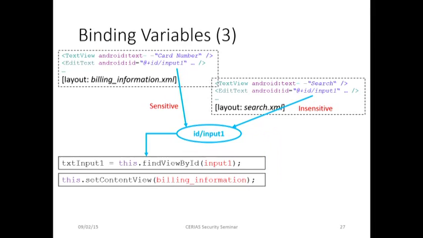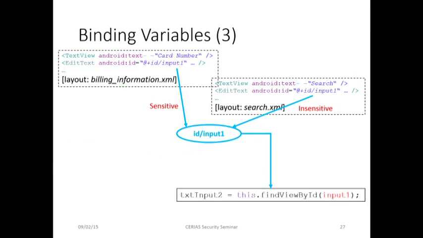For the first reference, the backward slice is something like this, and by further checking this slice, we can confirm that the input 1 here is associated with the widget defined in the layout billing information instead of the widget defined in the layout search. Then SUPOR can mark the corresponding variable text input 1 as sensitive.